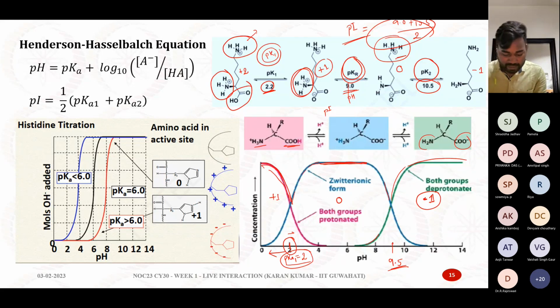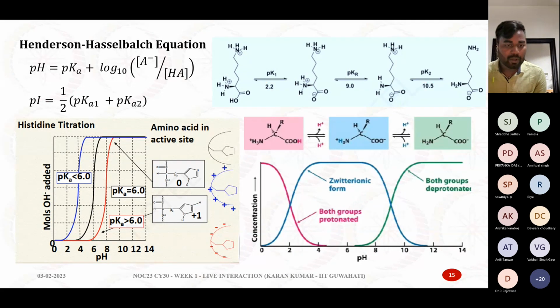The important thing that I want to discuss is histidine. Histidine titration is not as simple as it seems. Other amino acids have their pI in either the basic region or the acidic region. But for histidine, its pI is about 6.